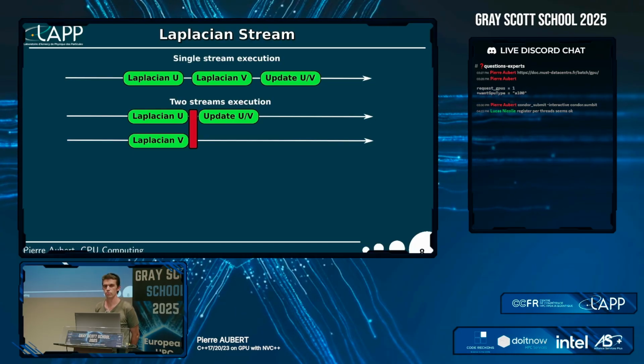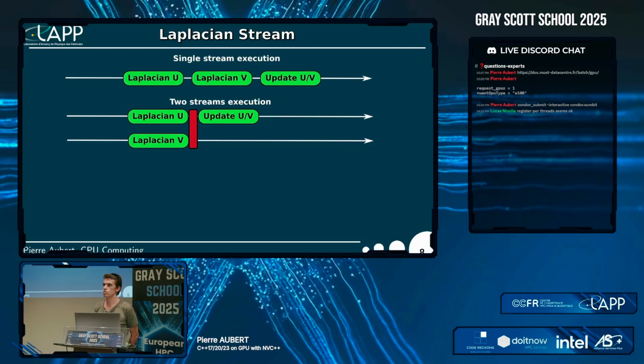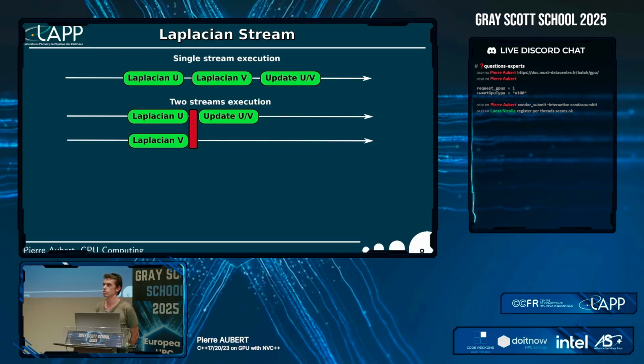Can you guess if it's okay for us to use several streams to compute?